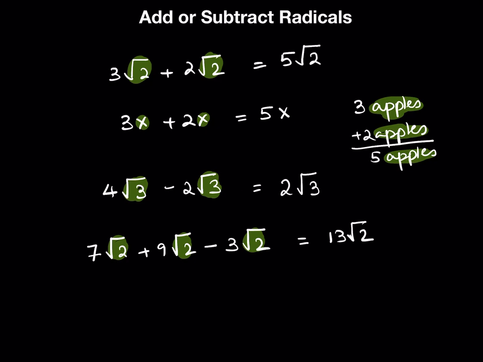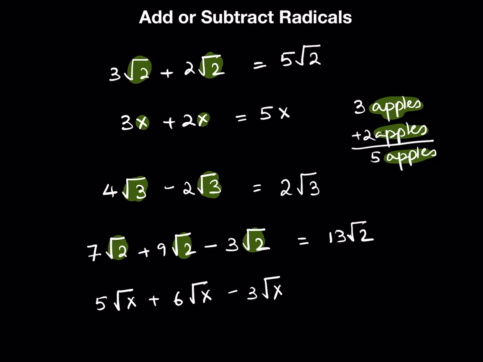And then you can take the same concept and relate it to radicals with unknown quantities inside them. Take, for example, 5 square root of x plus 6 square root of x minus 3 square root of x.